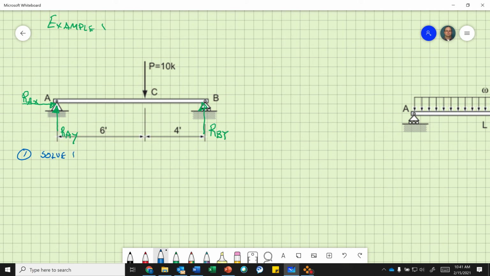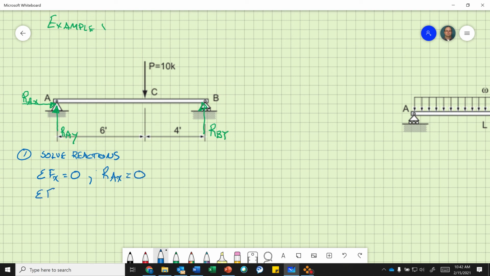Okay, so solve reactions. You draw your free body diagram. Remember, the sum of the forces in the x direction has to equal 0. There are no horizontal forces, so Rax equals 0.